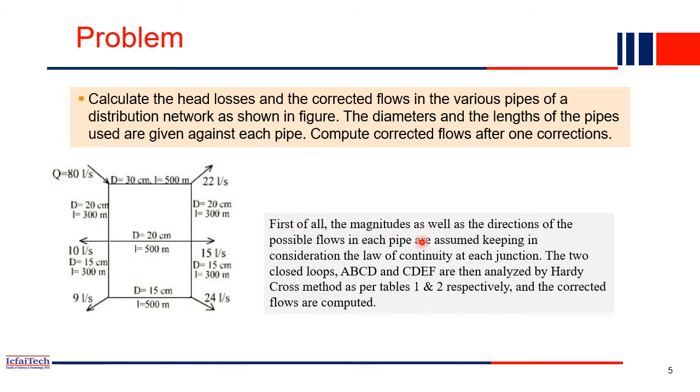First of all, the magnitude as well as the direction of the possible flow in each pipe are assumed, keeping in consideration the law of continuity at each junction. So first we assume how much is going this side and how much is going this side. Maybe out of 80, 50 is going in this pipe and 30 is going in this pipe. Why do I assume 50 is going in this pipe? Because the pipe dimension here is 30 centimeter, whereas this side pipe dimension is 20 centimeter.